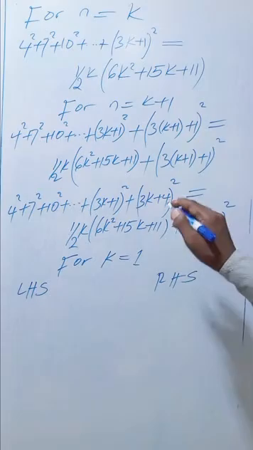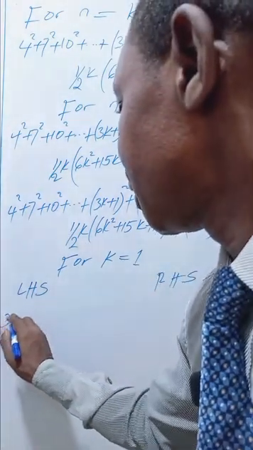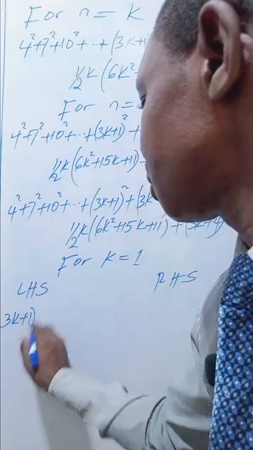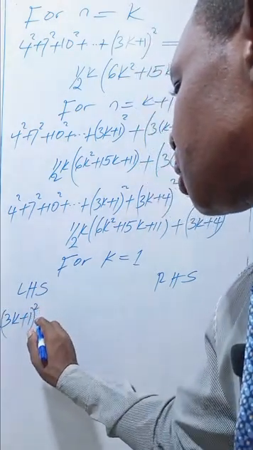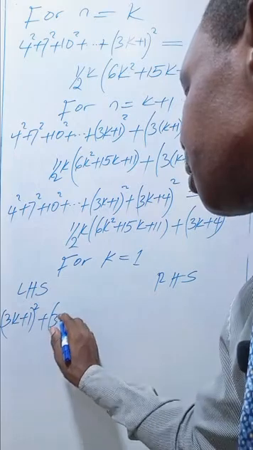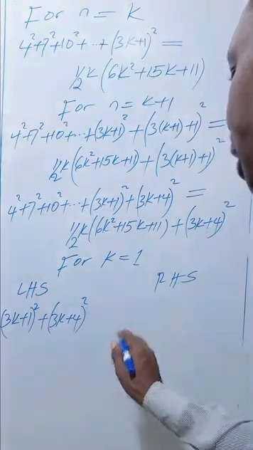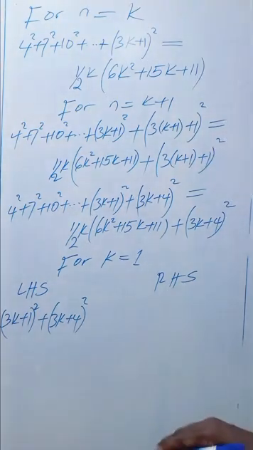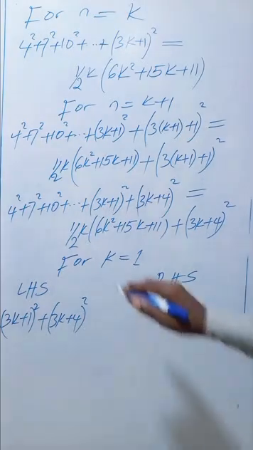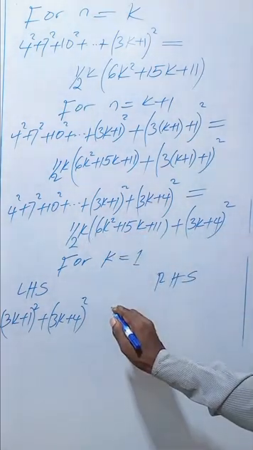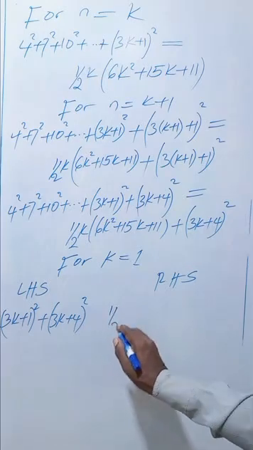So the last two terms of the left-hand side, this is (3k plus 1) squared, then plus (3k plus 4) squared. Okay, and the right-hand side, we have this long term, which is a half.